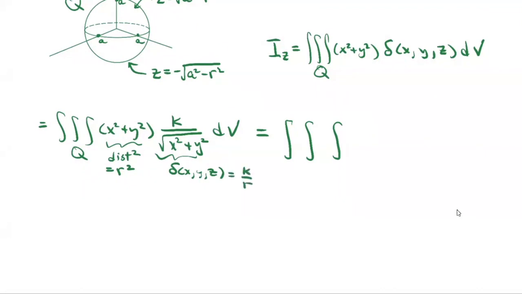So in the end, you get r squared times k over r. And then don't forget that dv is r dz dr d theta. That's a mouthful.